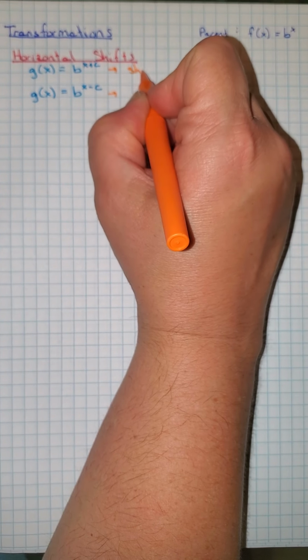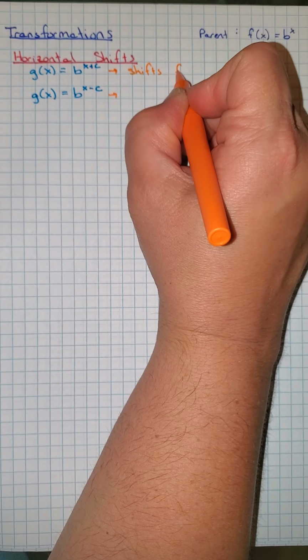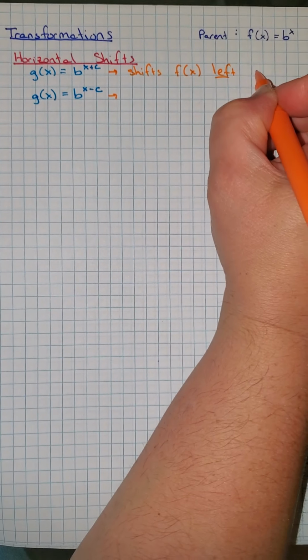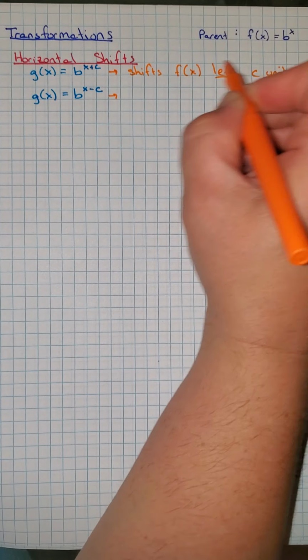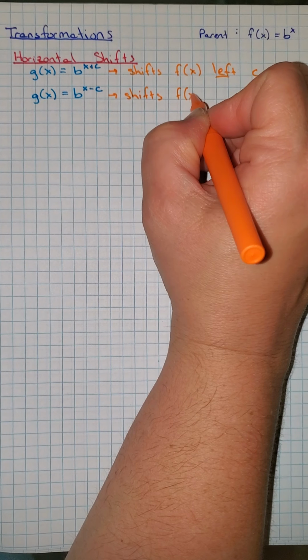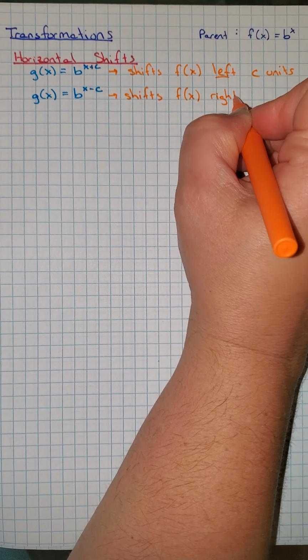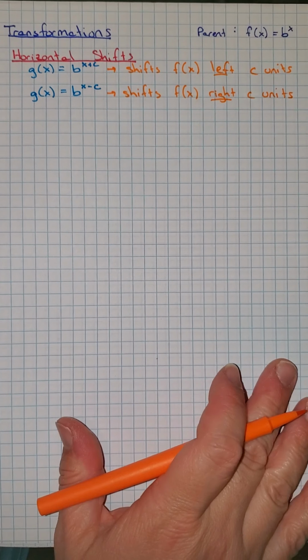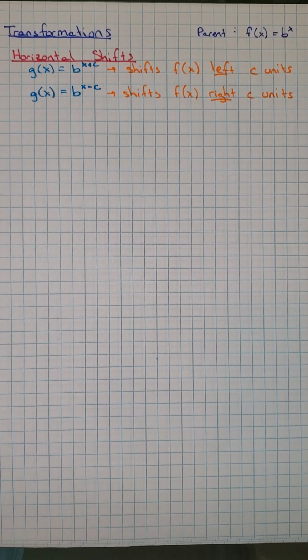So this shifts f of x left c units. This one shifts f of x right c units. All right, so that's horizontal.